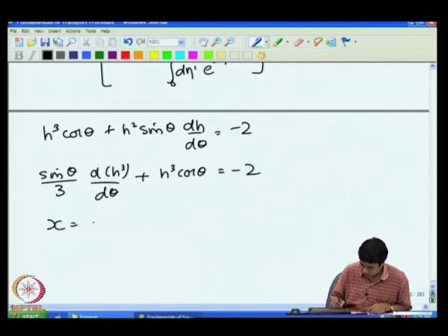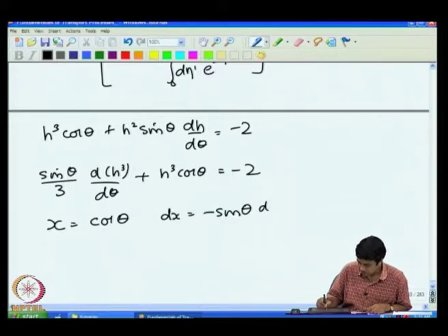x is equal to cos theta, which means that dx is equal to minus sin theta d theta.